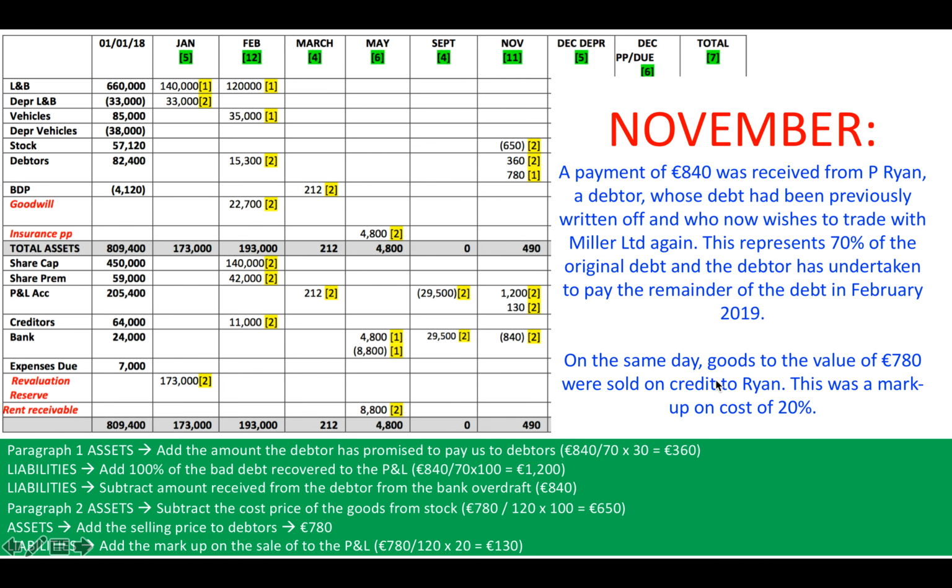Well, the 20% is the profit. So the difference between the 650 and the 780 is €130 there. So we can calculate it by going 780 divided by 120 multiplied by 20, which is the markup, and that is €130. So €130 is going to go into the P&L account. And that is November complete.